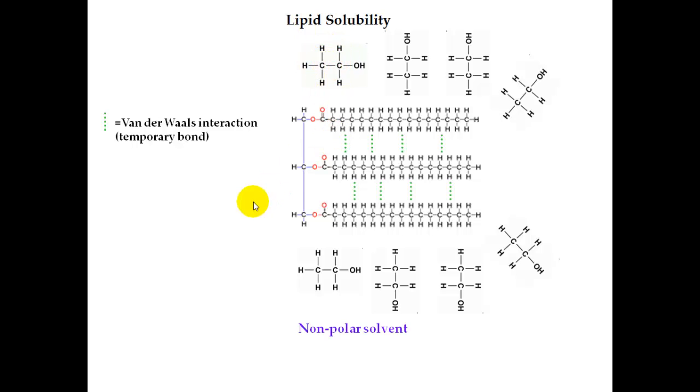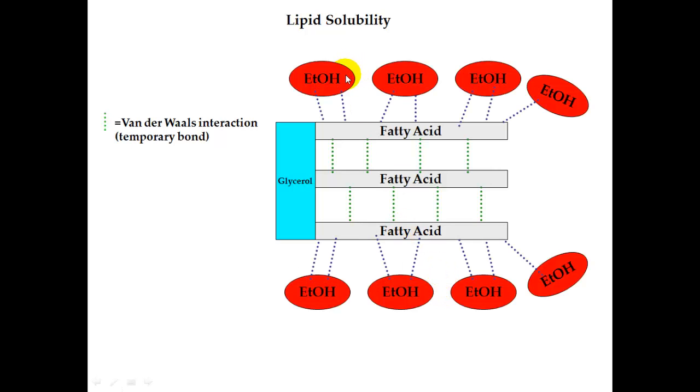We just mentioned that nonpolar things can form van der Waals interactions with other nonpolar things. Because of that, the nonpolar portions of the ethanol can form these attractions with the fatty acids on this lipid, and that's what potentially pulls apart this fat molecule, causing it to dissolve. So if we were to draw this a little differently, we're saying that ethanol molecules can form van der Waals interactions with fatty acids.